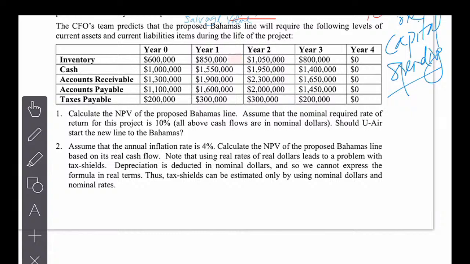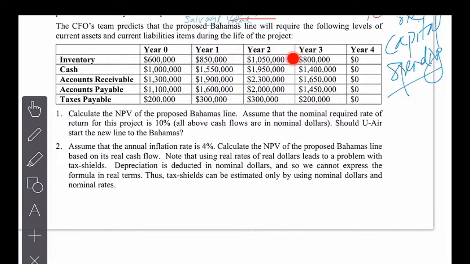Then by the end of the first year, you need to end the year with $850,000 of inventory. So you need something extra in between there to replenish and add more in inventory. So you want to keep these levels by the end of the years.